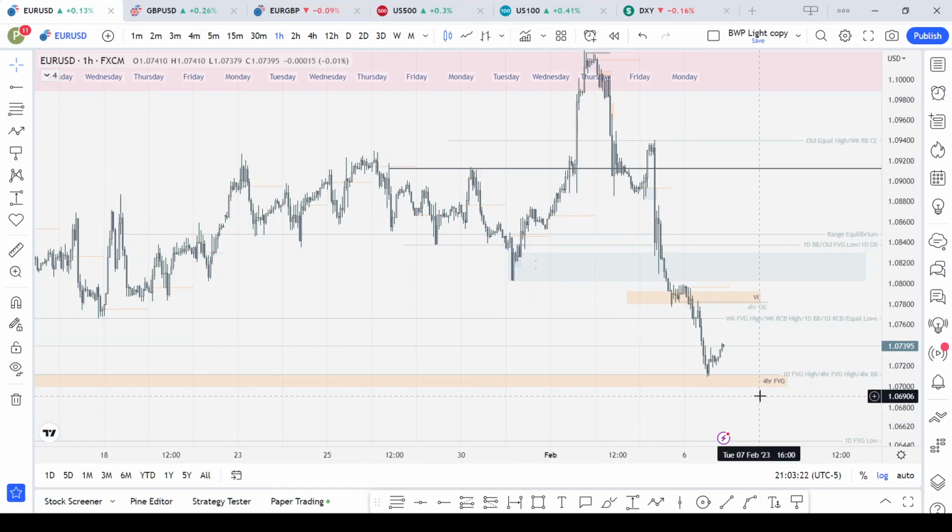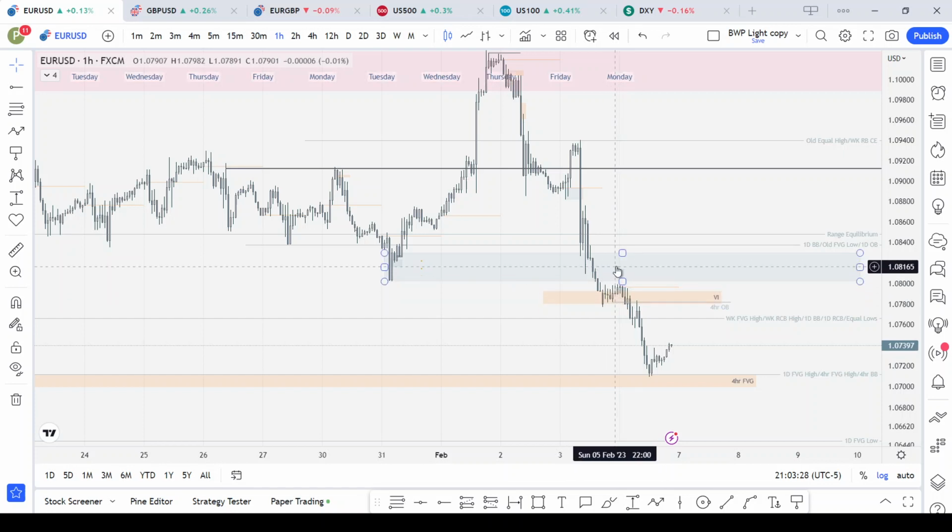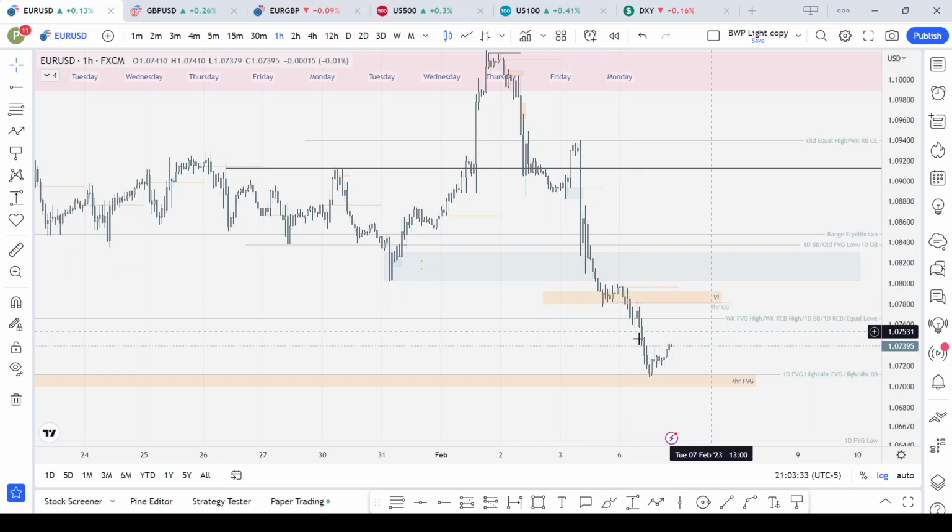Obviously, we are bearish, and when bearish, you would expect that bullish PD arrays will give price, while bearish PD arrays would reject price. Okay, so this is a breaker and a reclaimed block.